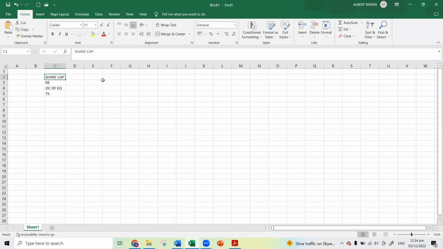Under share capital, these are the subcomponents. We have the preference share capital, the ordinary share capital, and the subscribed share capital or subscribed capital stock.